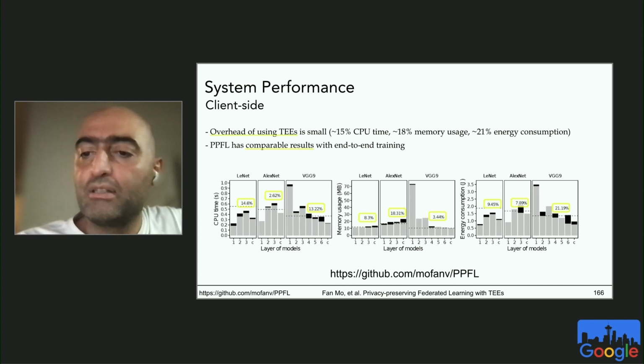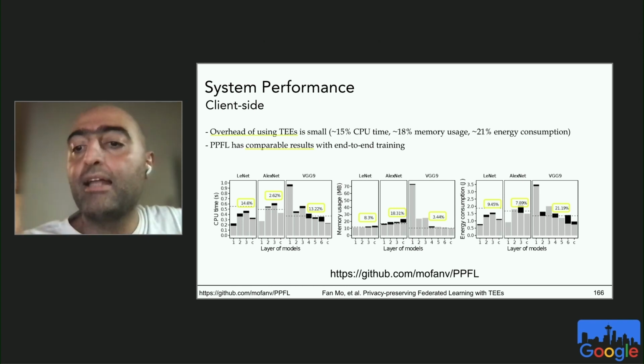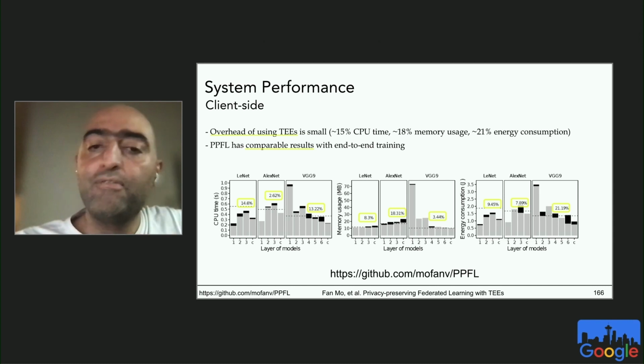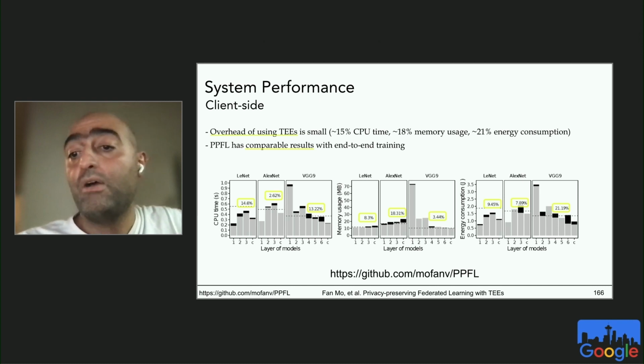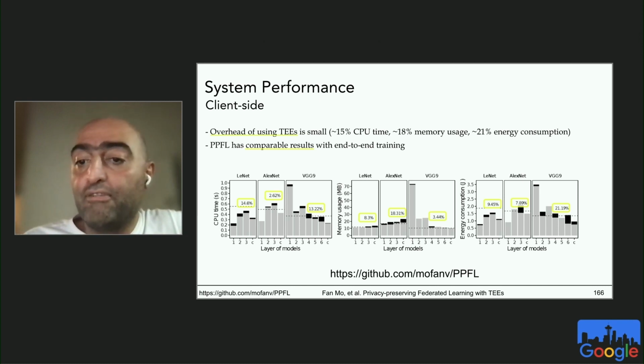Memory occupancy had about 20% extra overhead in terms of back and forth across the TE and the rich execution environment, REE, and about 20% increase in energy. And we used the standard FedMA and Fed average algorithms, and we achieved relatively good results.